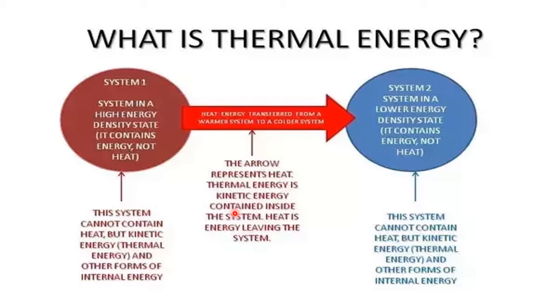Thermal energy is kinetic energy contained inside the system. Heat is energy leaving the system. Very clear definition. Though both look the same, there is a clear-cut difference between thermal energy and heat.